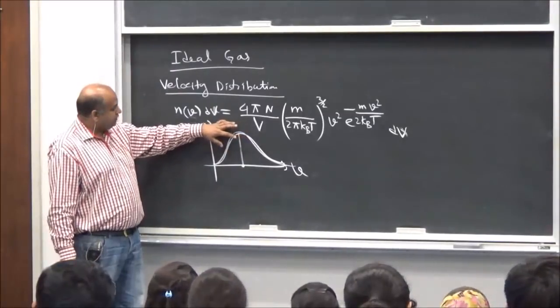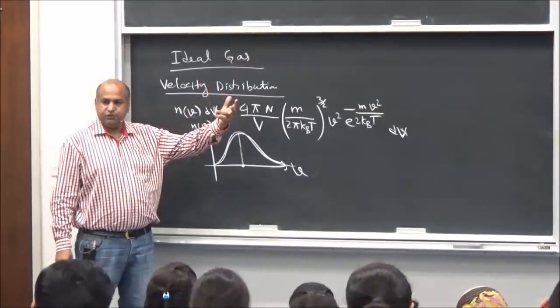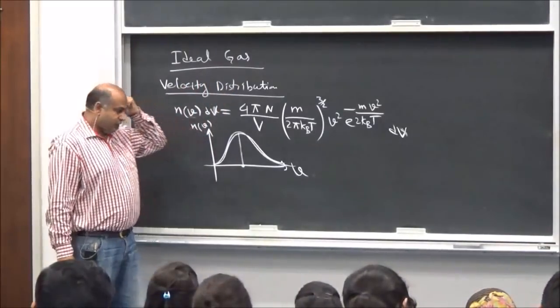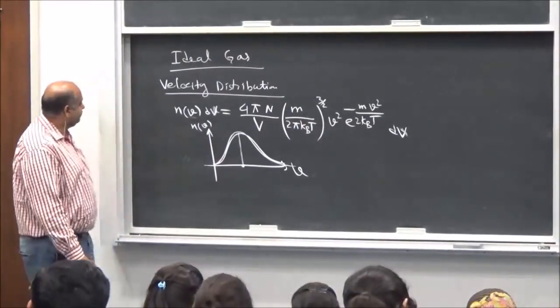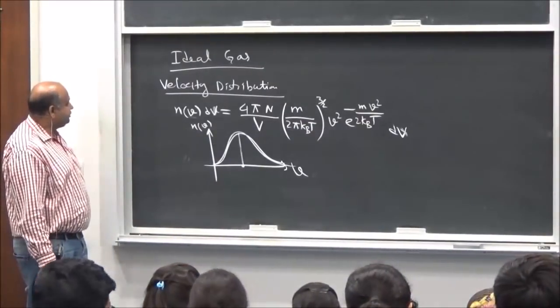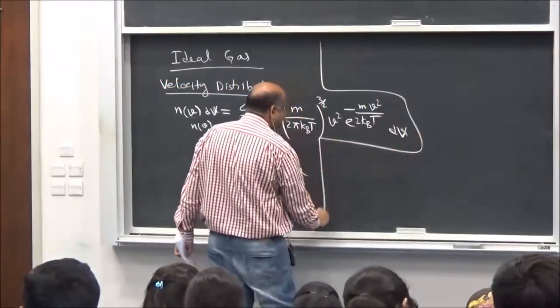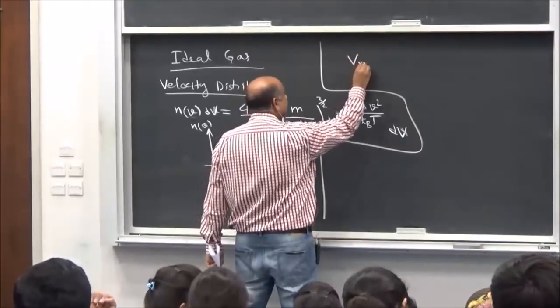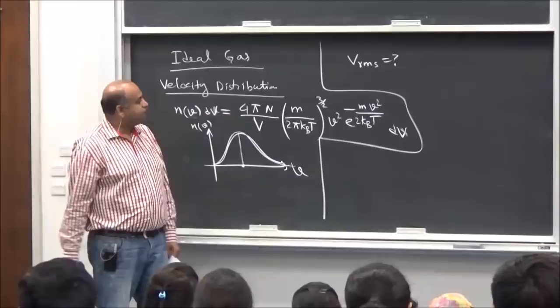Root mean square is the square root of the average of the square of velocities, not the average of velocities. So if we want to compute the root mean square of this velocity distribution, I want to compute this thing: root mean square velocity of particles.